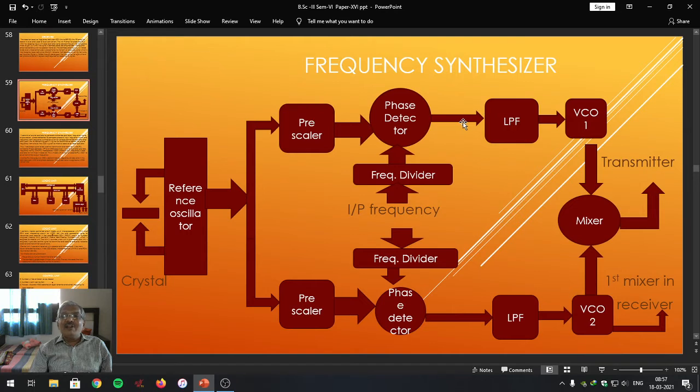It might be amplified by suitable DC amplifier circuitry. Then the lower frequencies are filtered, and finally this error signal is given to the VCO. You have studied the VCO as a voltage controlled oscillator, which might be built using IC 555. By changing its input voltage, the frequency of the VCO is changed.